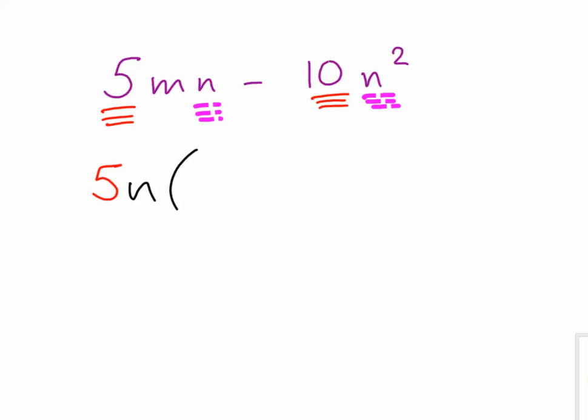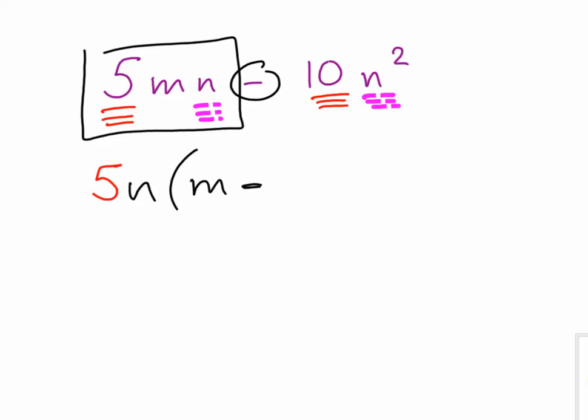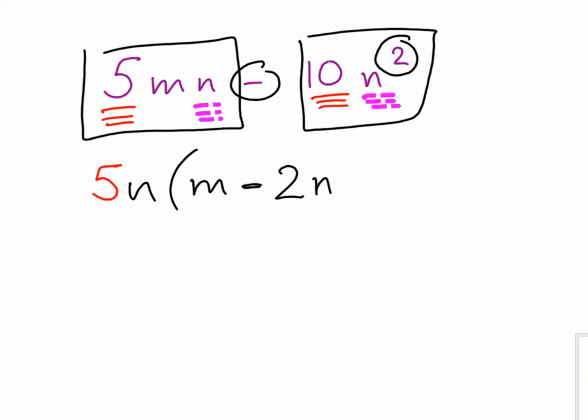So I open the bracket, and what do I multiply 5n by to get 5mn? So I need to multiply by an m. I can see a minus sign, and then finally, how do I change a 5n into a 10n squared? Well, 5 times 2 is 10, and n times another n will give me that n squared.